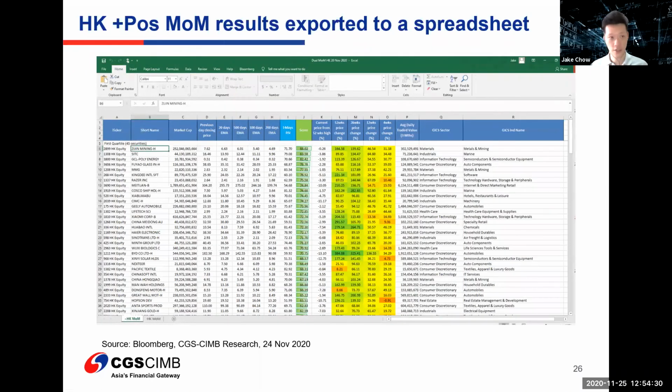Right, so this is the weekly report that you receive. It's in an Excel format, and we color coded this spreadsheet to make reading easier.